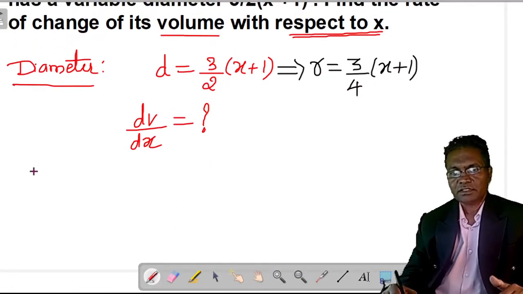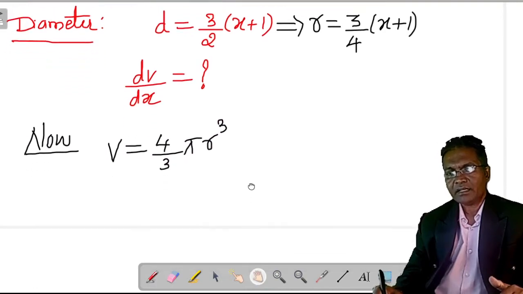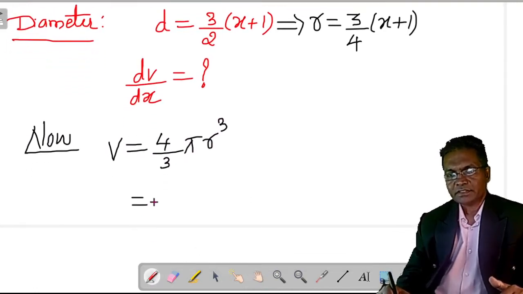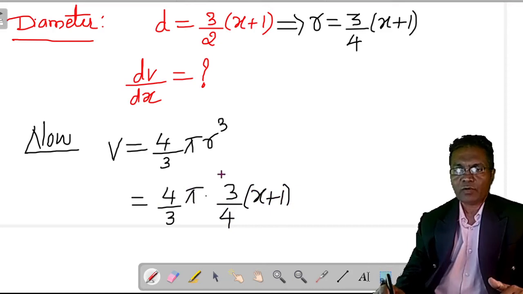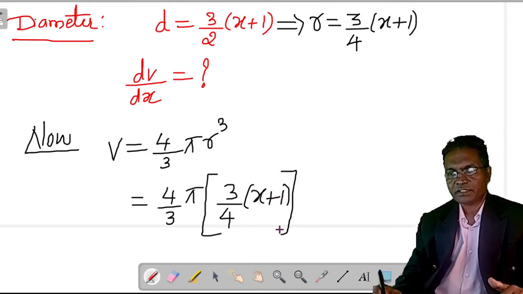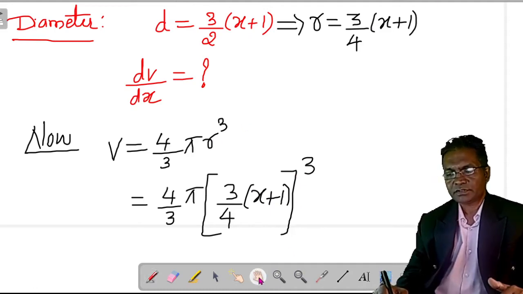Now the volume of that spherical balloon is 4 by 3 pi r cube. So this is 4 by 3 pi as it is, and your r is 3 by 4 into x plus 1, cubed.